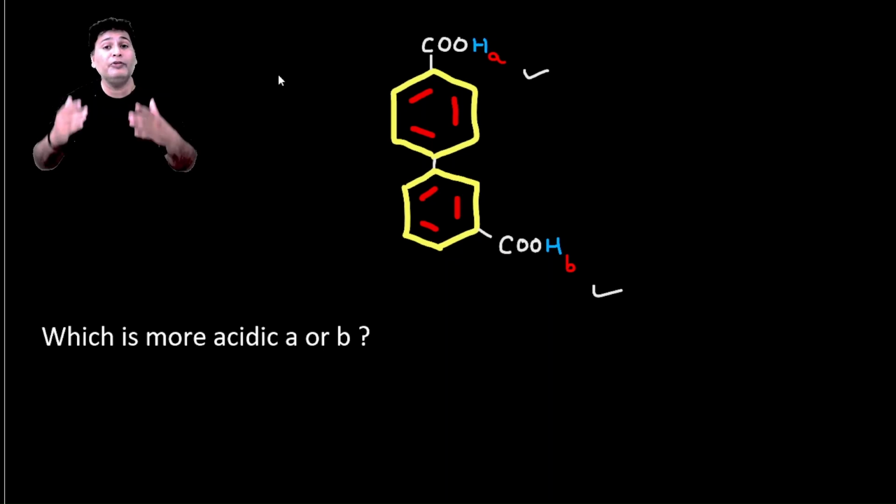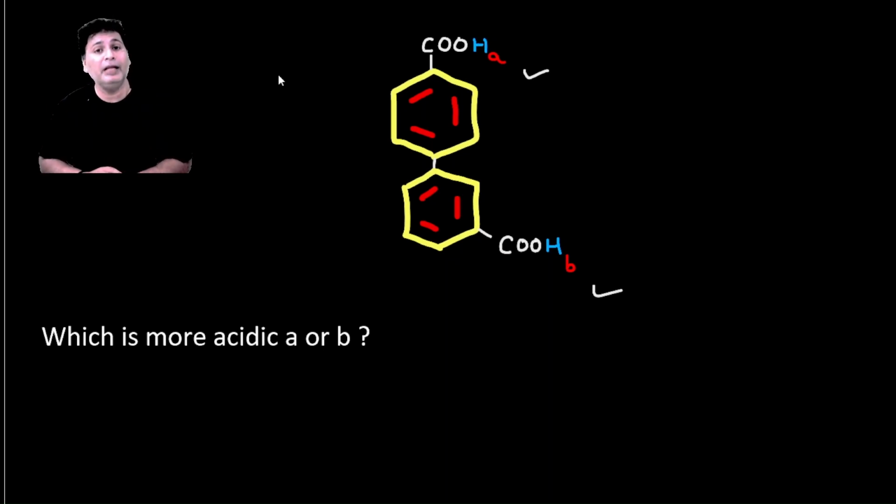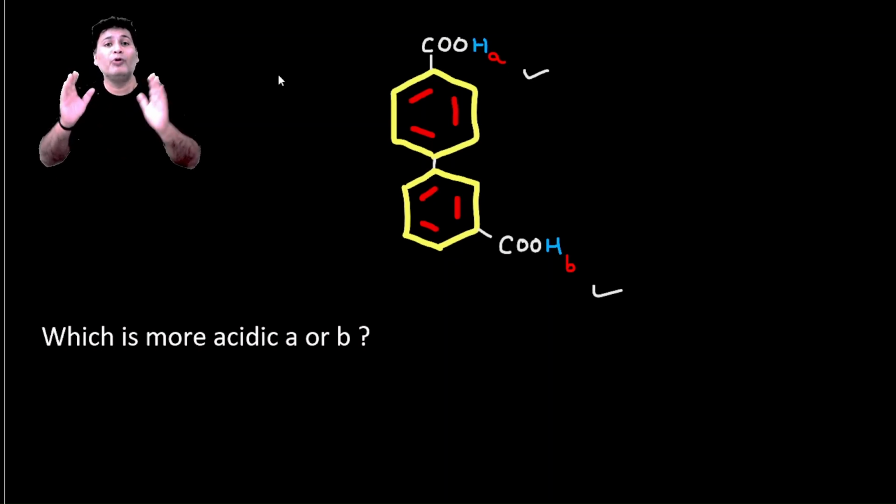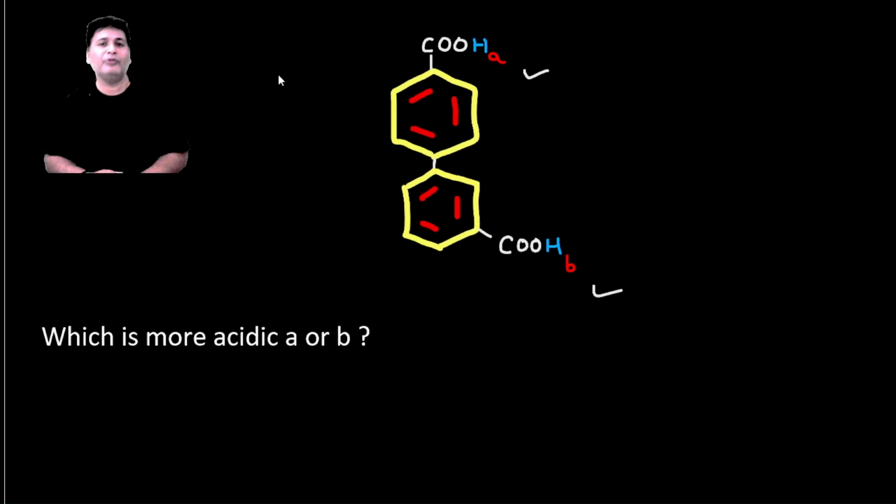You have to see for the possibility of delocalization of negative charge. If there is fair enough possibility of delocalization, the minus charge is stabilized, then that anion will be stable and that particular hydrogen from where it came will be more acidic in nature. So that is how we are going to plan our action.